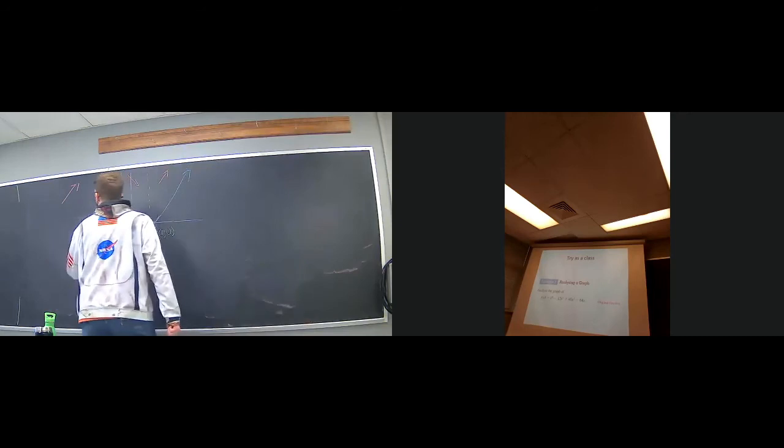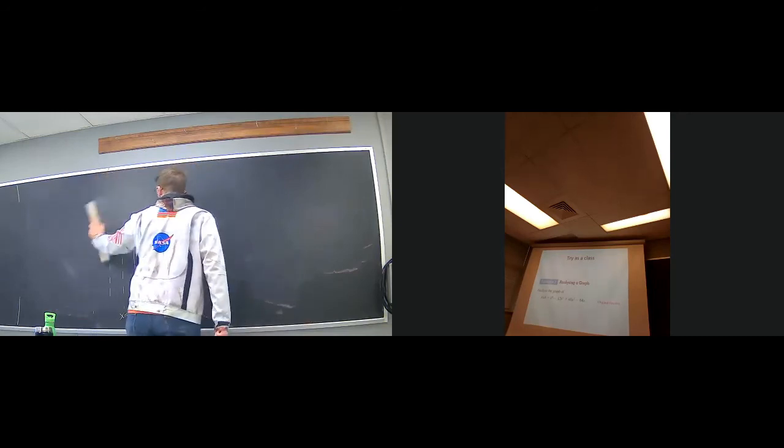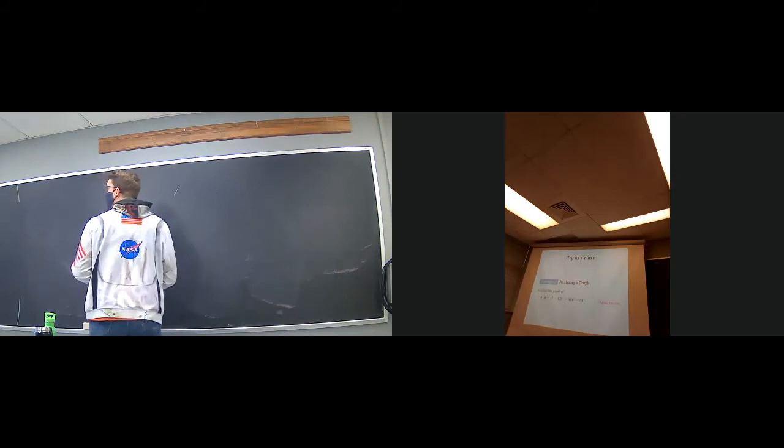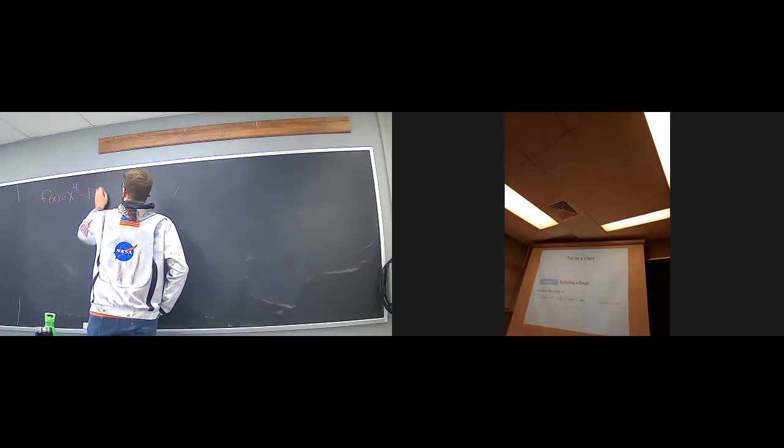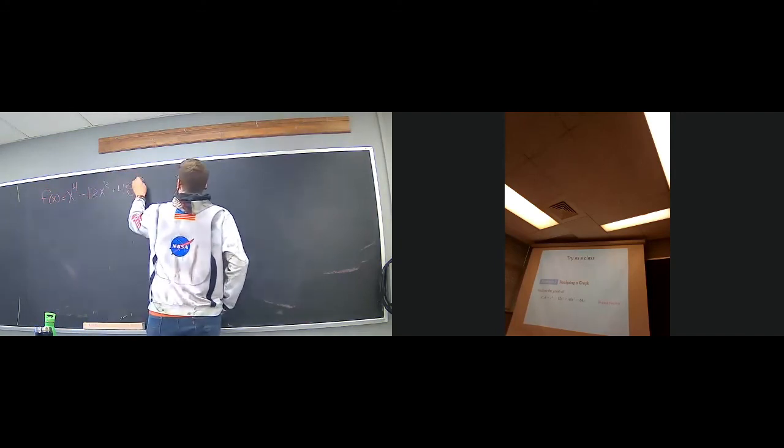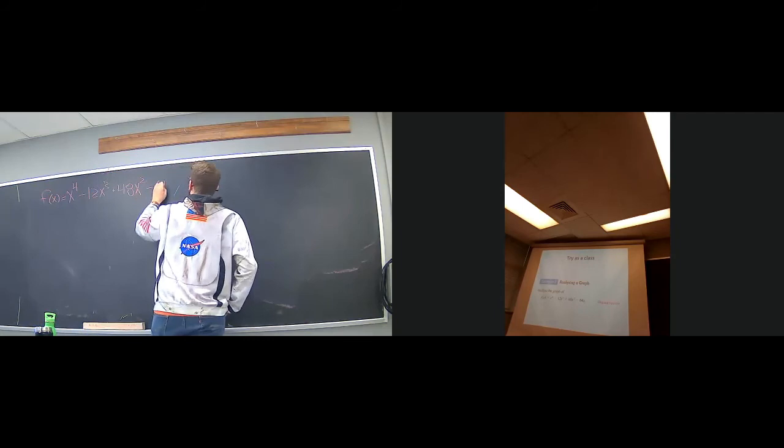Actually, this is a good one. For those of y'all at home, we've got the function f of x is equal to x to the fourth minus 12x to the third plus 48x squared minus 64x.